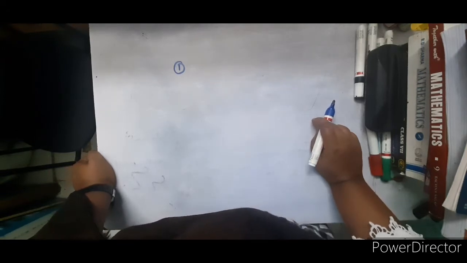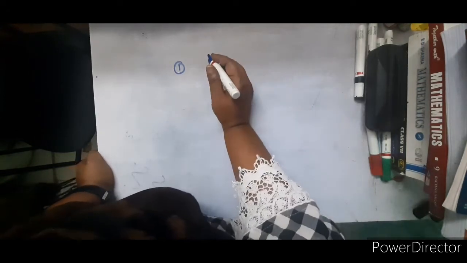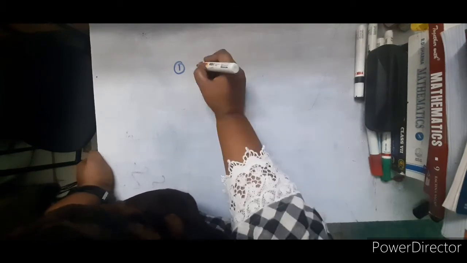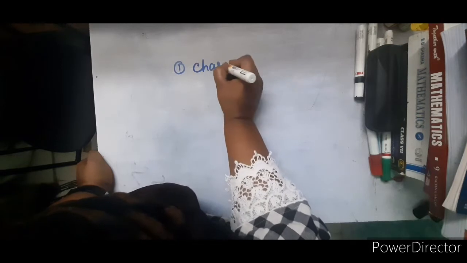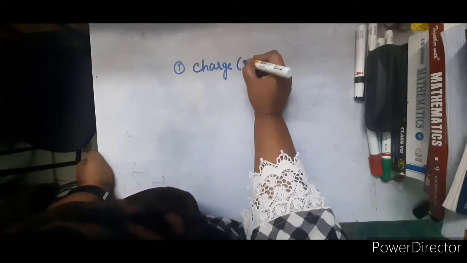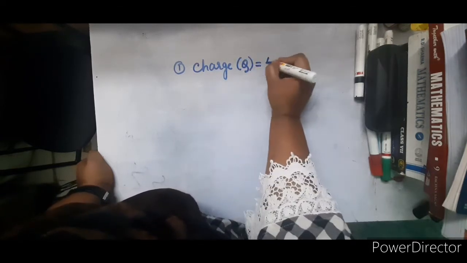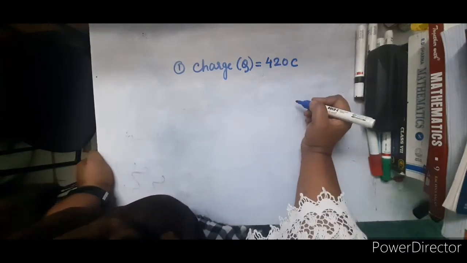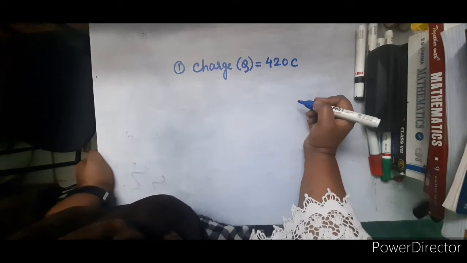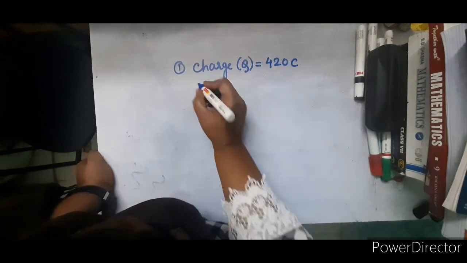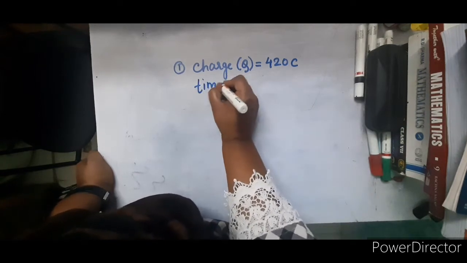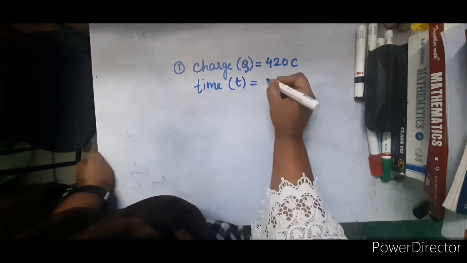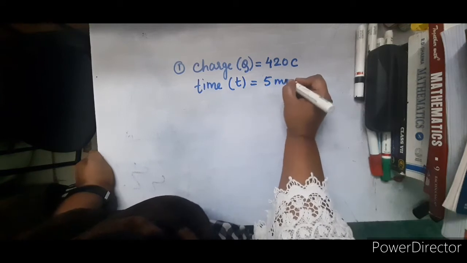It says that if a charge of 420 coulomb, that is Q is 420 coulomb, which is given information, is passing through a conducting wire in 5 minutes. So the time given for the charge to move through the conducting wire is 5 minutes.